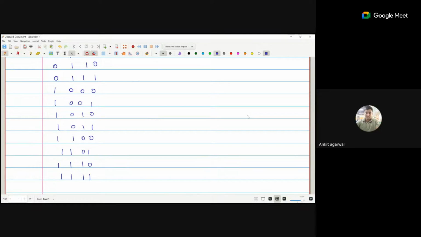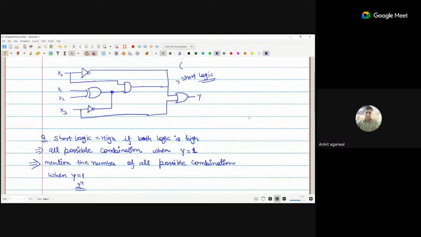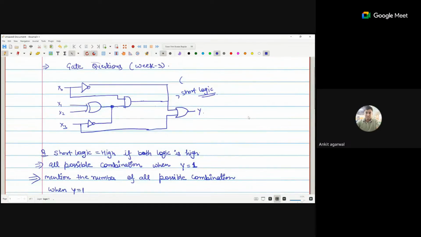One way is to take all 16 possible combinations, and the second way is to check when y is 1.